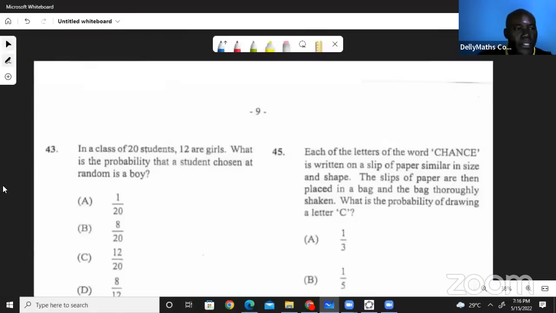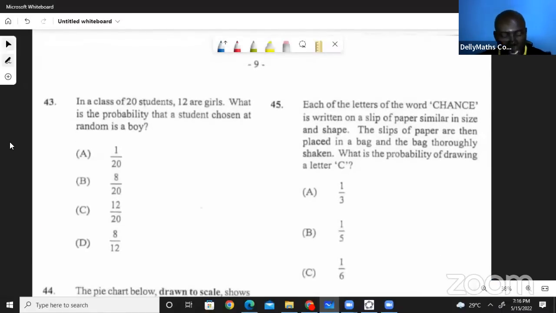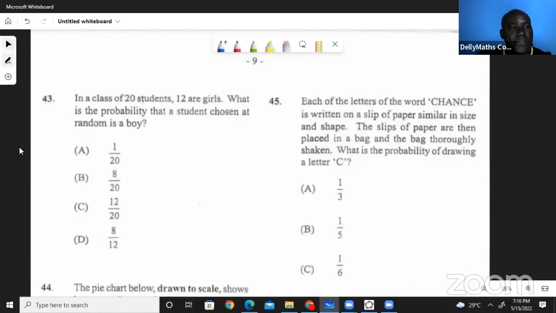All right, so we're going to 43 now. We are at 43. Yes, so 43 says that in a class of 20 students, 12 are girls. What is the probability that a student chosen at random is a boy?